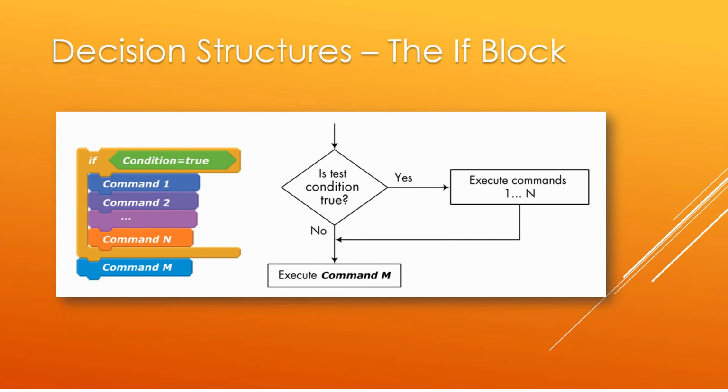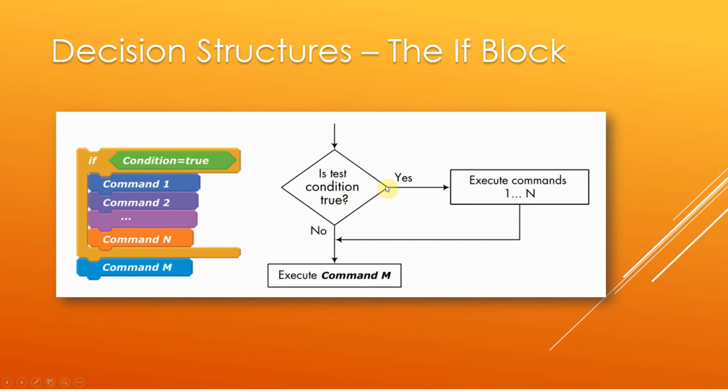Alright, on to some new stuff. Decision structures, the if block. Before we go over the colored bits on the left, let's look at this on the right. This diagram on the right is called a flowchart. It has different shaped blocks, and those different shaped blocks mean different things. This diamond shape is a decision block. Basically you come in at the top, you look at the question, is test condition true?